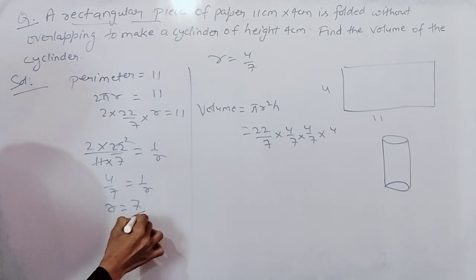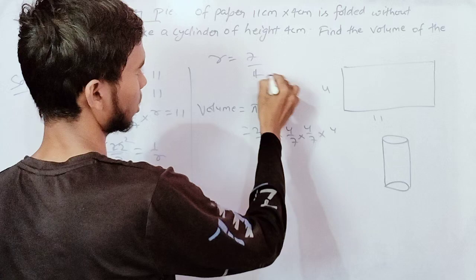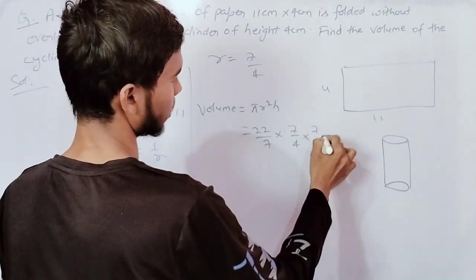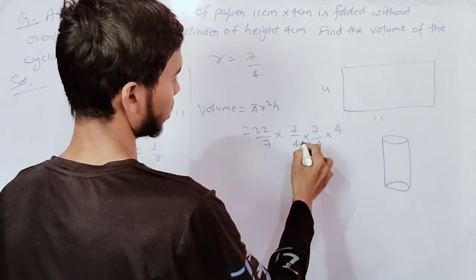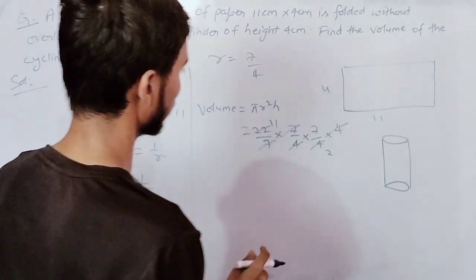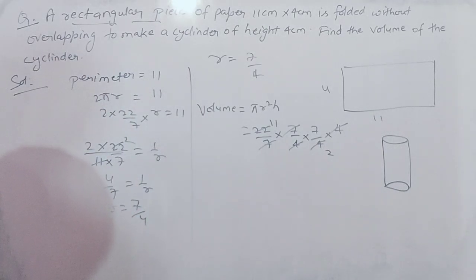R is equal to 7 upon 4. Here we will write 7 upon 4 multiplied by 7 upon 4 multiplied by 4. This will cut, this will cut. Nothing else.